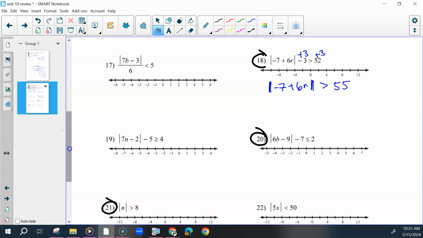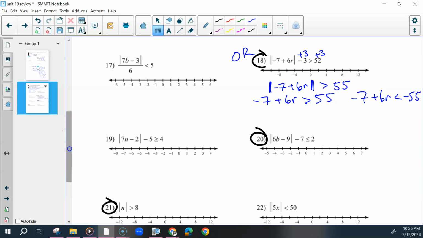This is greater than, so it's going to be or. Because it's or, you're going to make two separate cases regardless. So one's going to be the exact same, negative 7 plus 6r is greater than 55. The other one, negative 7 plus 6r less than negative 55.